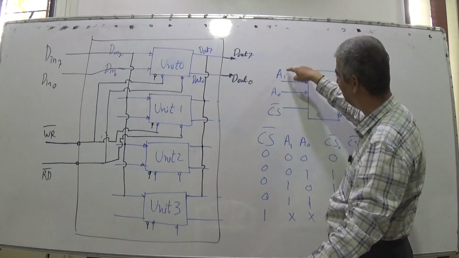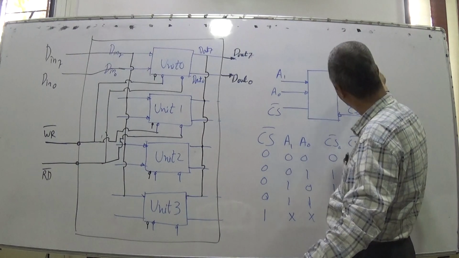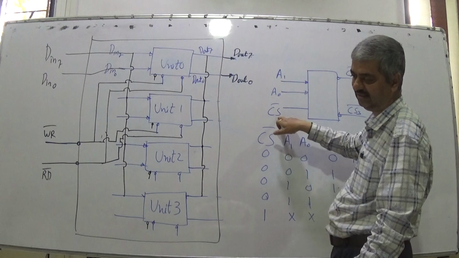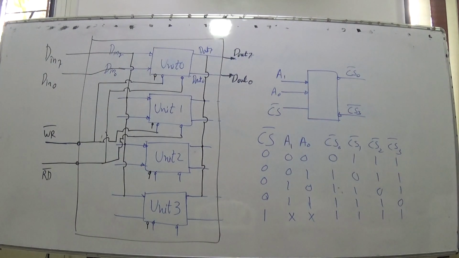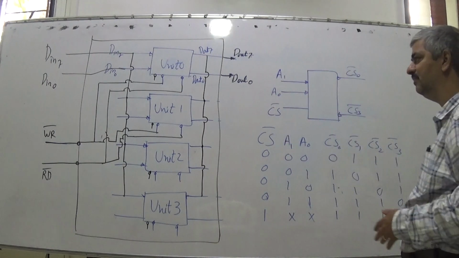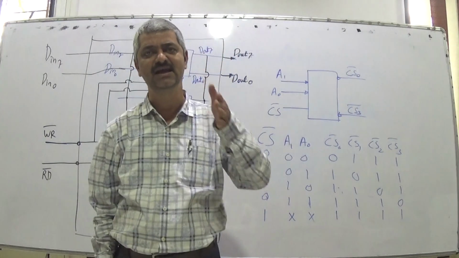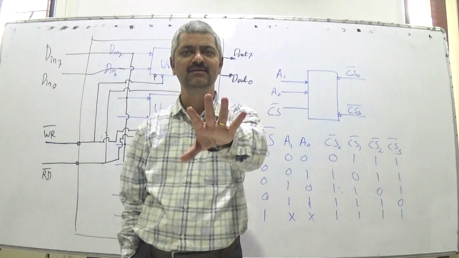decoding logic. Address lines suitably select one output to go low if the chip is selected. If the chip is not selected, then the address lines become irrelevant. The address lines become, means just like roll number 5, but then in mechanical engineering, but unless I utter mechanical engineering, what number I utter is immaterial for that class.